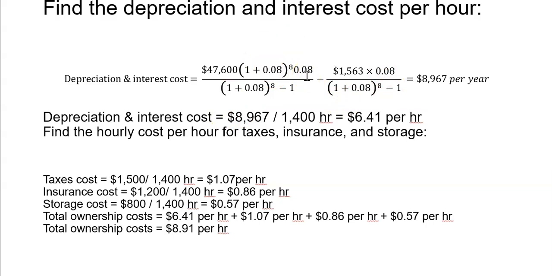If you look into page 96, salvage value is 1,563, multiplied by the interest rate, and then at the end you will have 8,968 annual cost, or the cost of ownership per year.